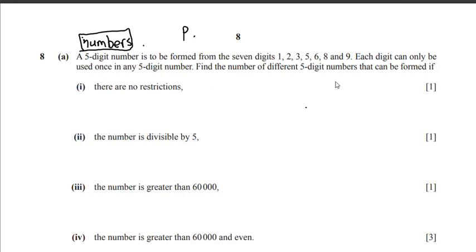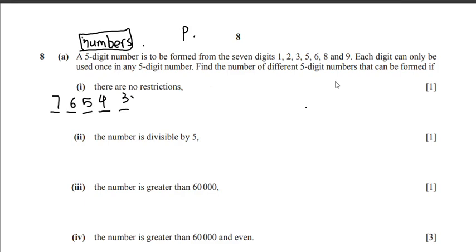If there are no restrictions, let's say I have 5 digits and 7 digits to choose from. So from 7 digits, I have to pick 5. For my first digit I have 7, my next one will be 6, 5, 4, 3, and it continues like that.